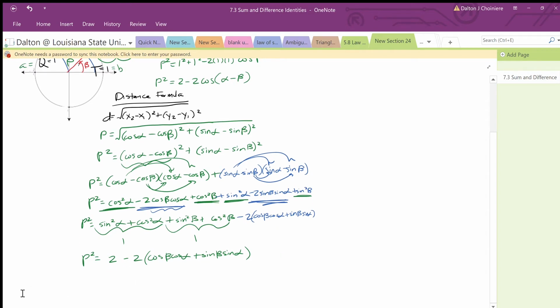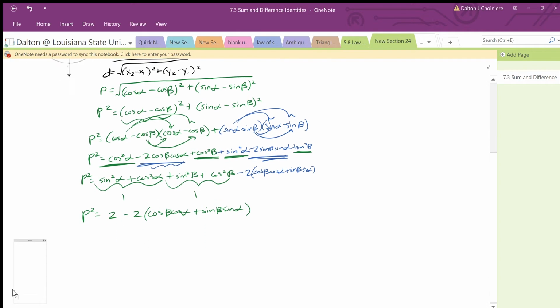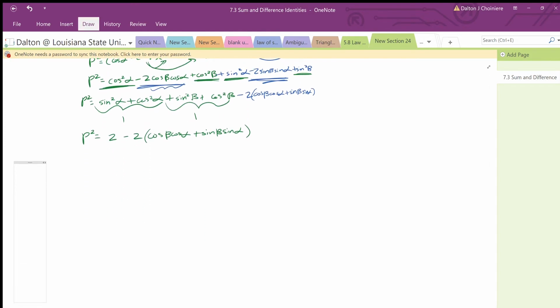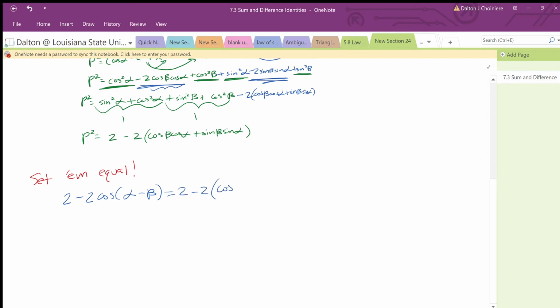So then, if we set them equal, then I get 2 minus 2 cosine of alpha minus beta. That was the law of cosines result. That should equal the p squared for the distance formula, 2 minus 2 times cosine beta cosine alpha plus sine beta sine alpha.